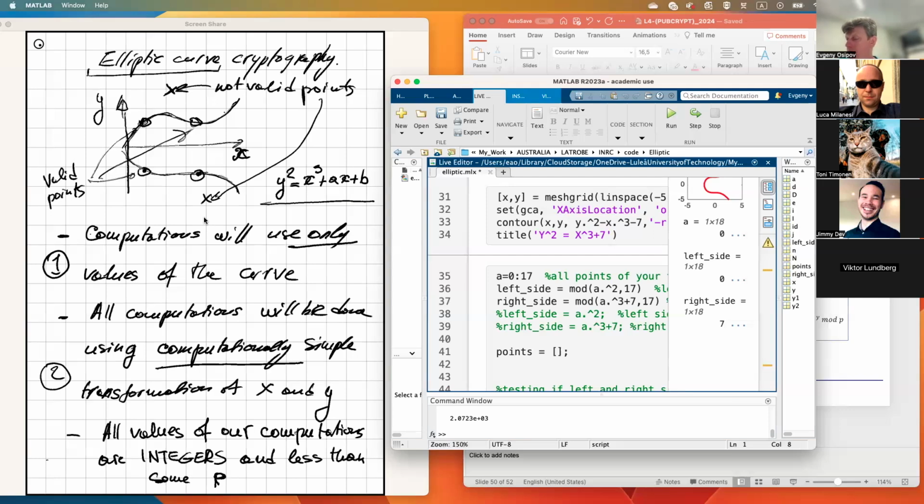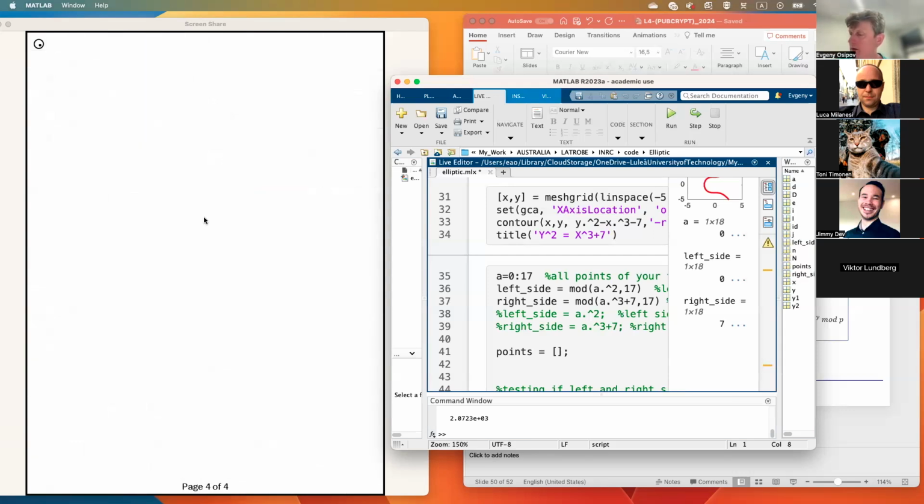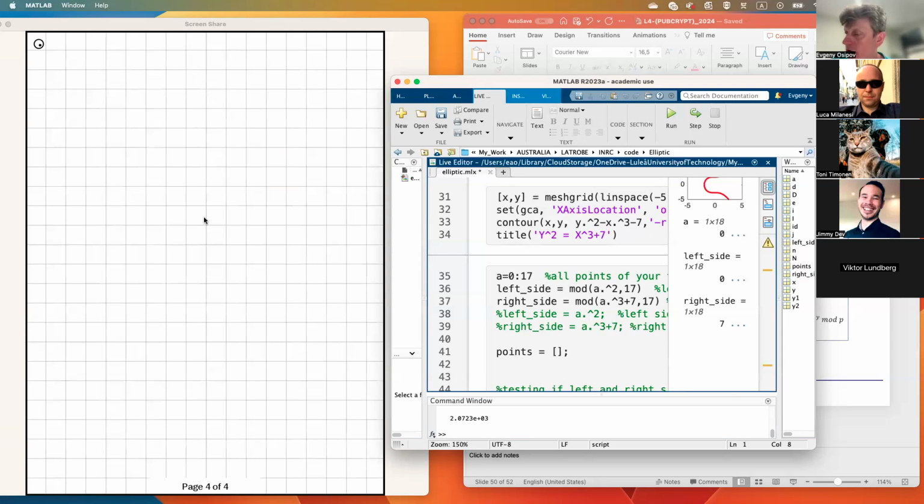What does this third requirement tell us, or how to approach implementing it? That's kind of easy. So you take modulus. So let me just make another page.